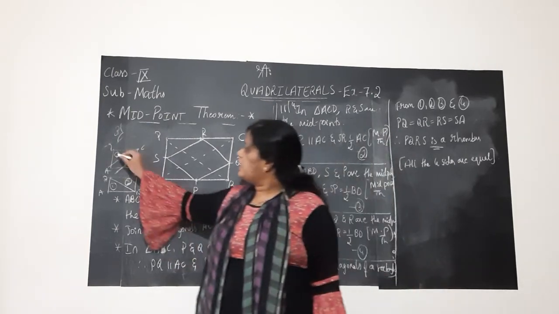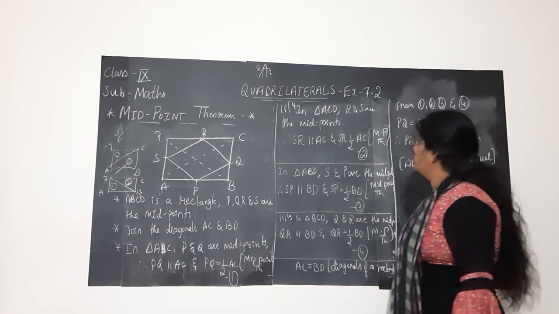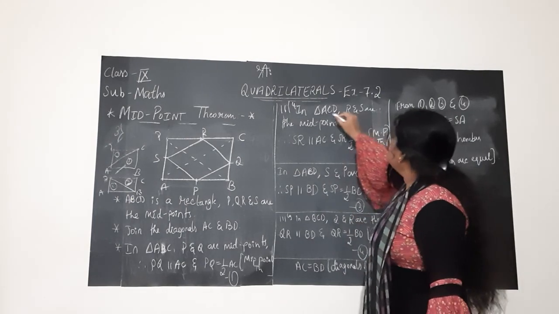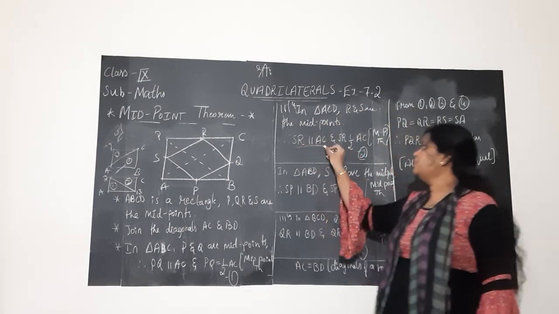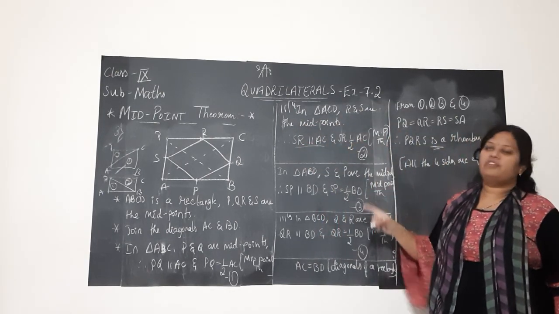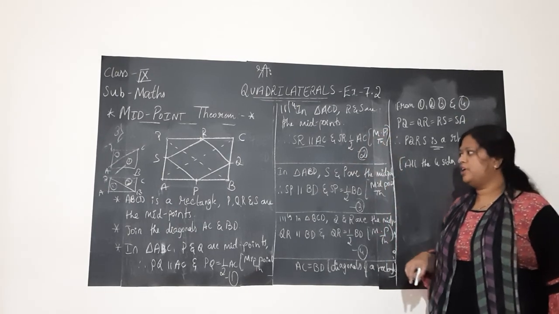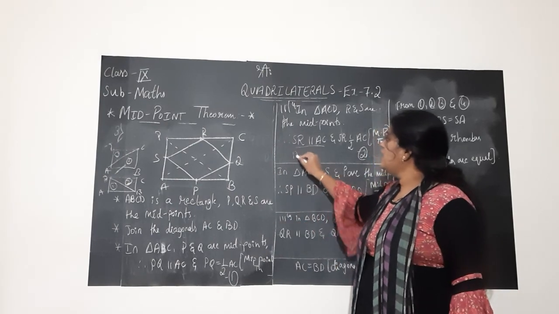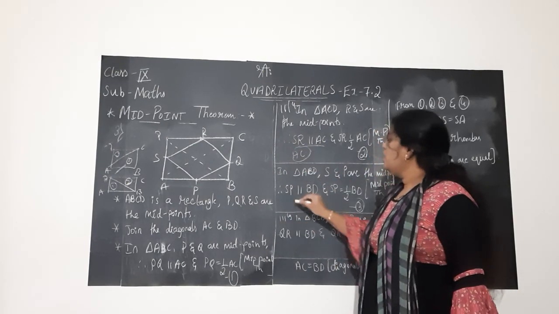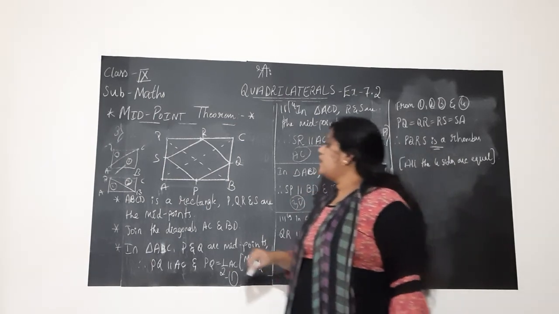Next consider the second triangle ADC, which we got from diagonal AC. In triangle ACD, R and S are the midpoints. So SR is parallel to AC, and SR is half of AC. We got it; call it equation 2. State the reason as midpoint theorem. So these are the two triangles we got from diagonal AC. Now from the second diagonal BD, we get two more triangles, children.